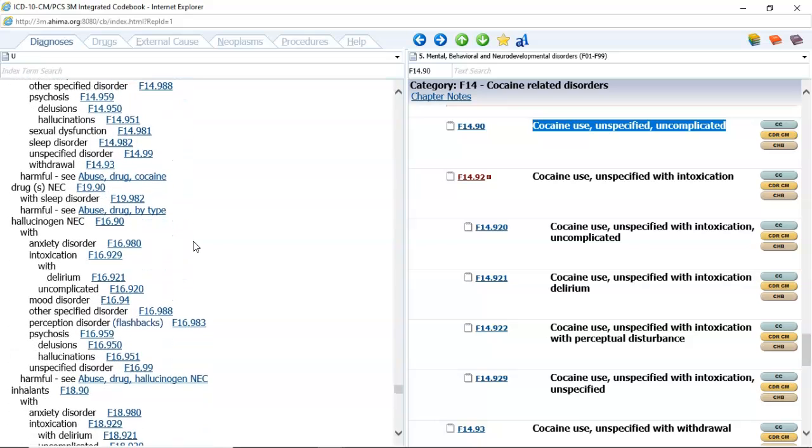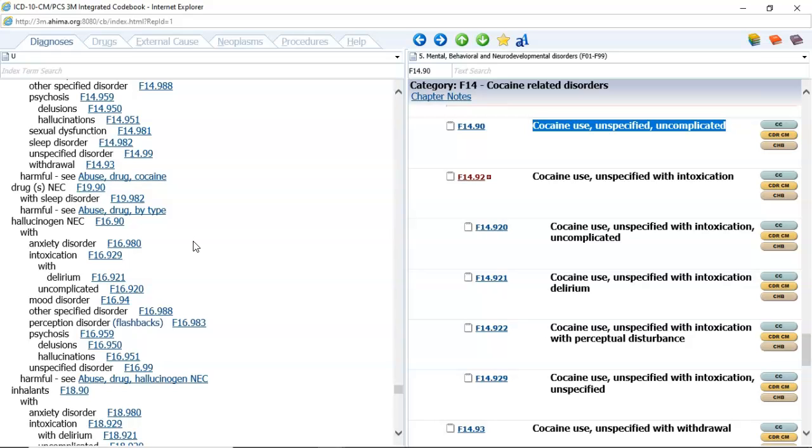Now, I want to go back to what the guideline tells us. It tells us that if both use and abuse are documented, you only assign a code for the abuse. And that's because obviously someone who's abusing alcohol or a drug, that is more of a potential health risk than just using the alcohol or a drug.